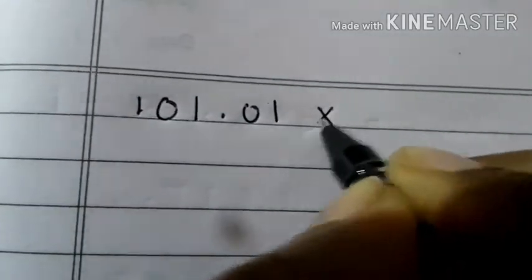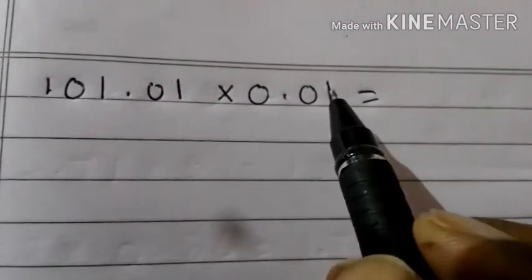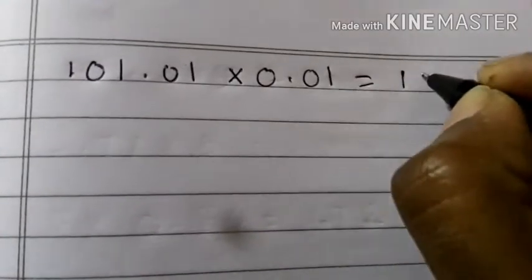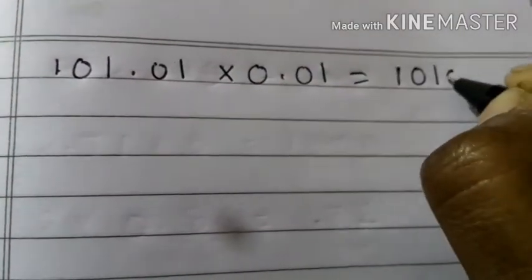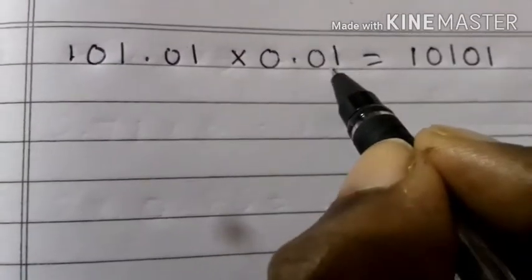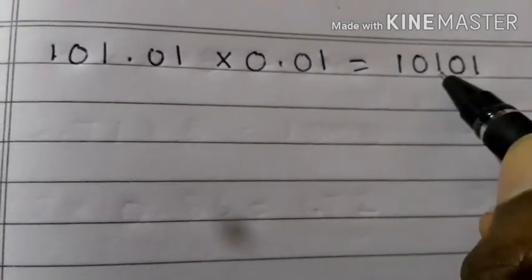Next one is 101.01 multiplied by 0.01. We write the product here 10101 multiplied by 1, that number itself. Then put the decimal point, count the digits 1, 2, 3, 4. Here 1, 2, 3, 4. Put the decimal point here.